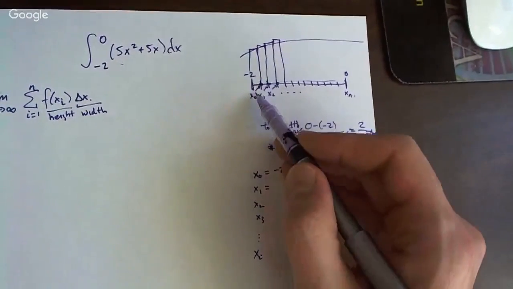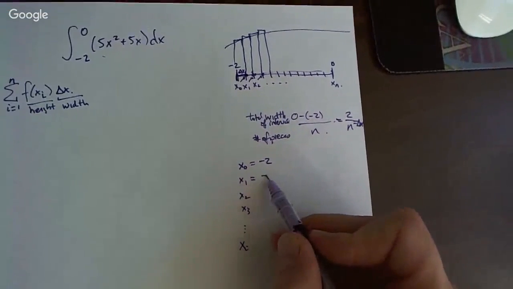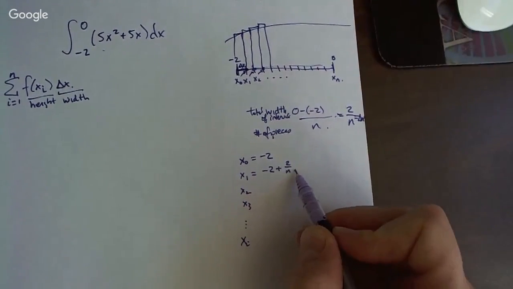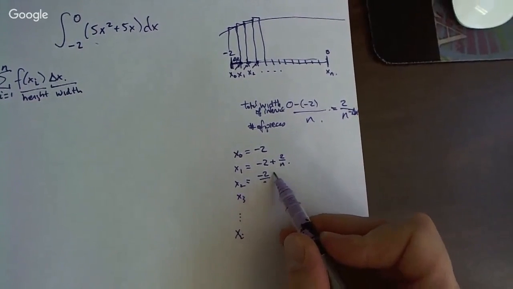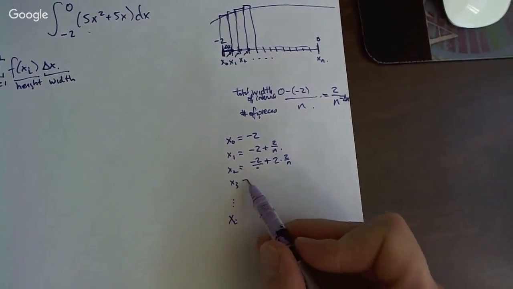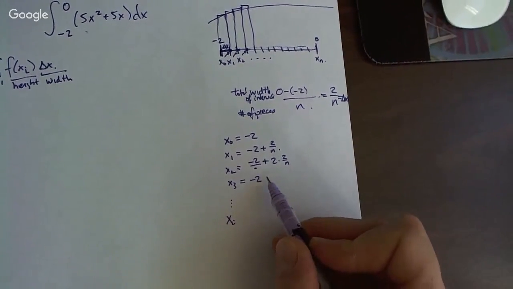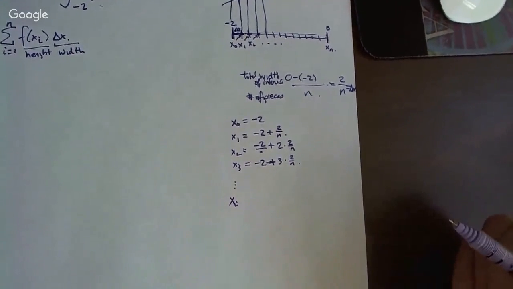x1 is what happens when you go from the negative endpoint, and then you add in delta x. So you get -2 plus 2 over n. Now we add in another delta x, -2 plus 2 times 2 over n. And then the x3 was -2 plus 3 times 2 over n.